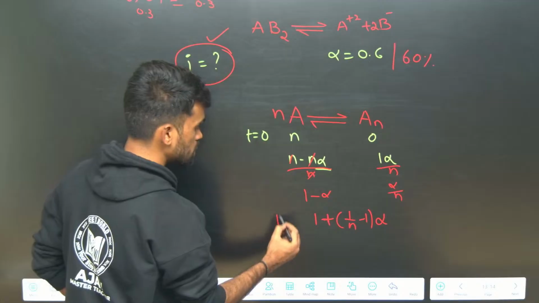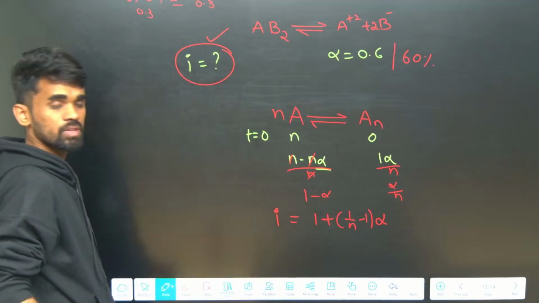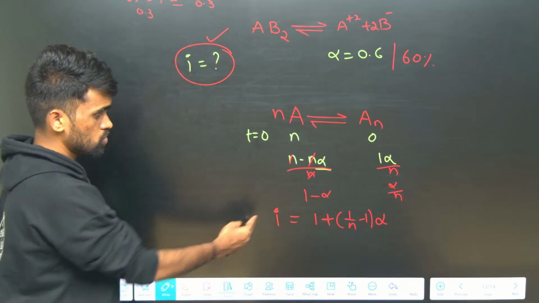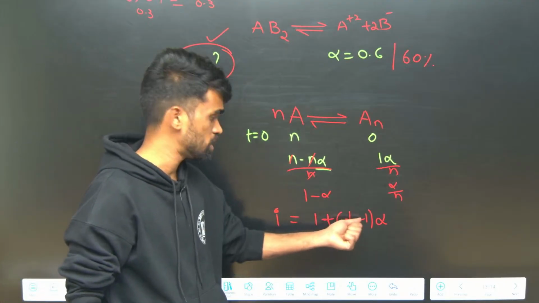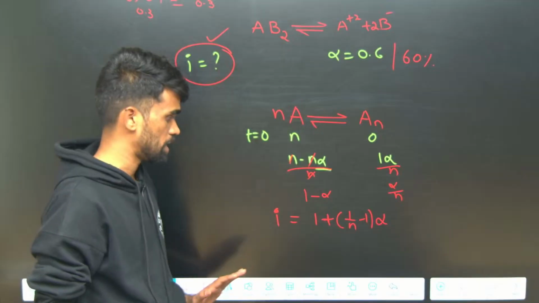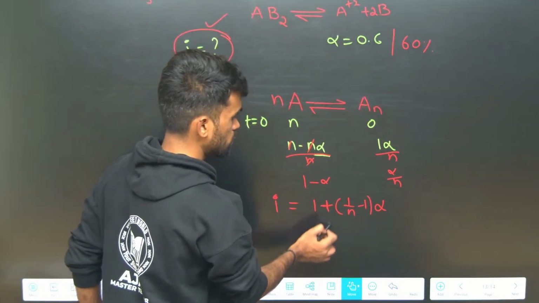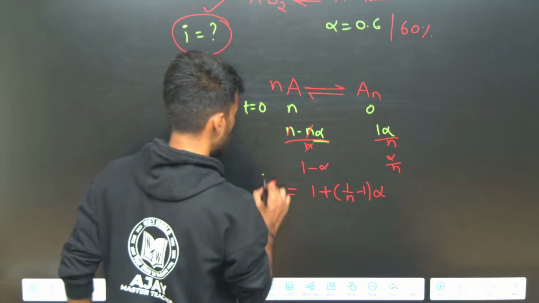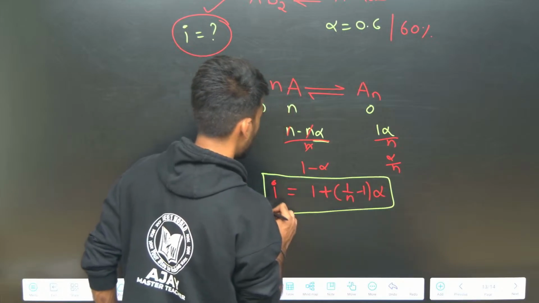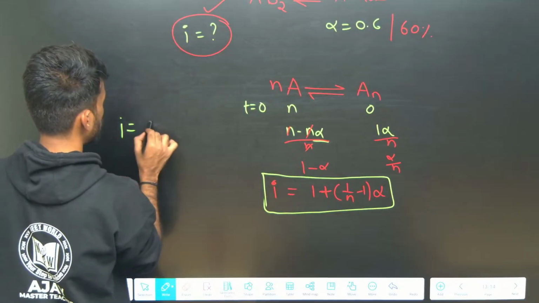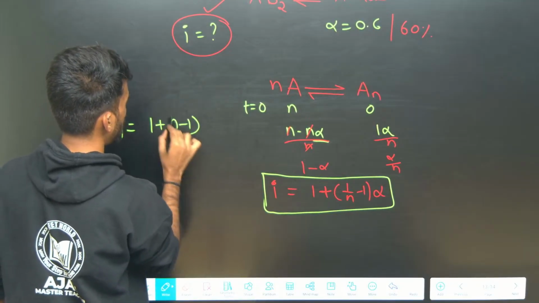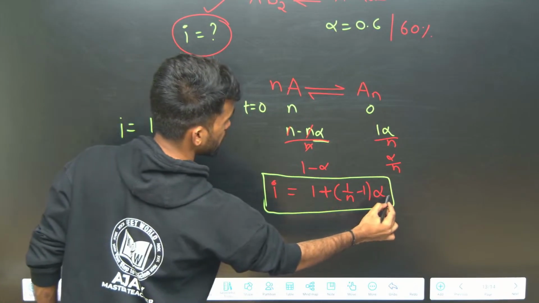If I want to ask for the van 't Hoff factor, it will be the number of particles after association by before association. You can take it like this. So this is the formula you have to use for calculating the van 't Hoff factor for association. For dissociation I have given i equals 1 plus (n minus 1) alpha. This is alpha for dissociation, this is association.